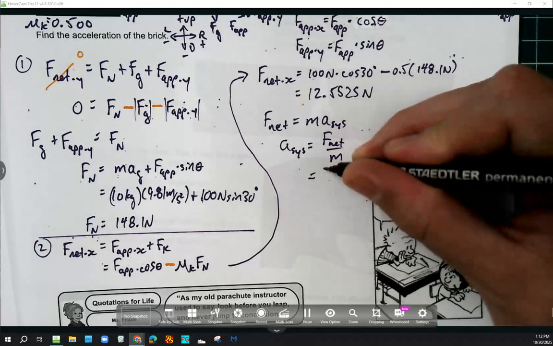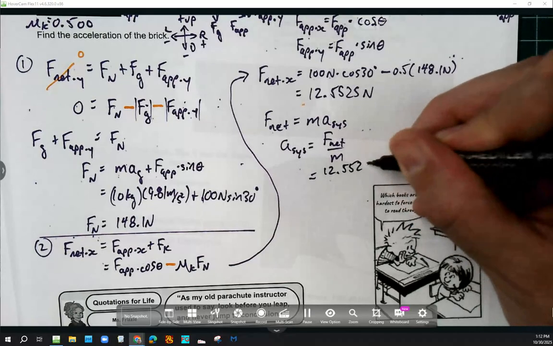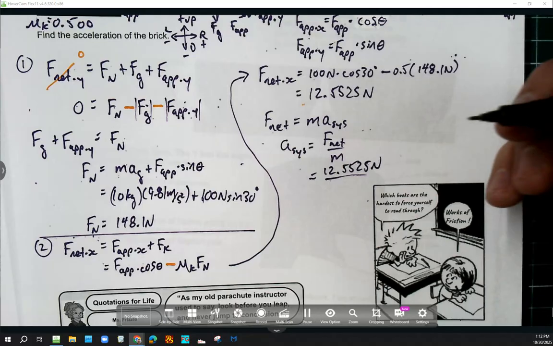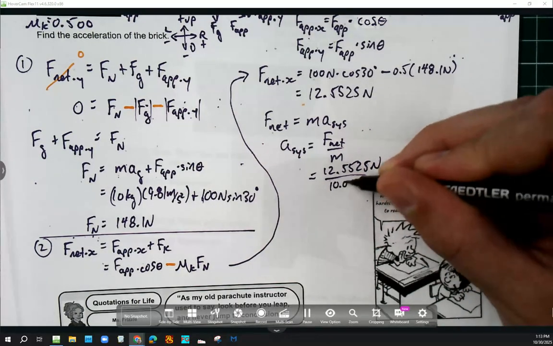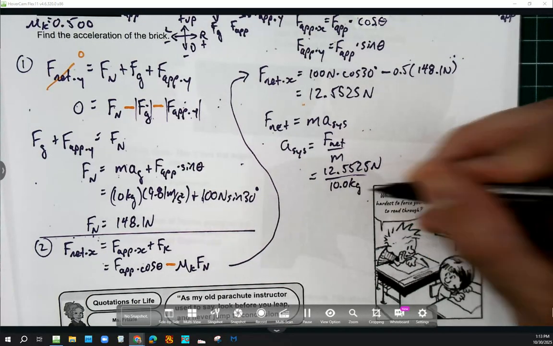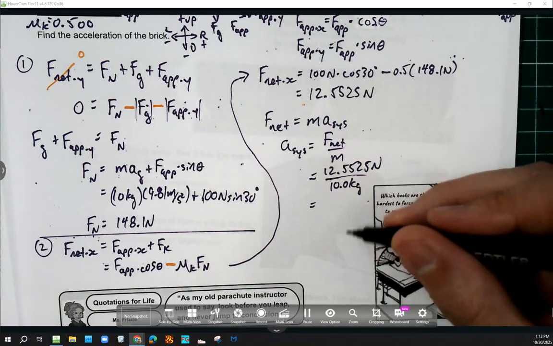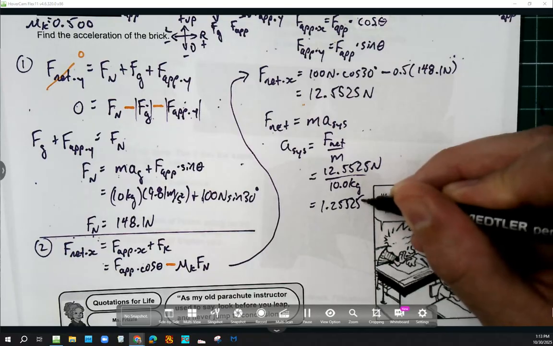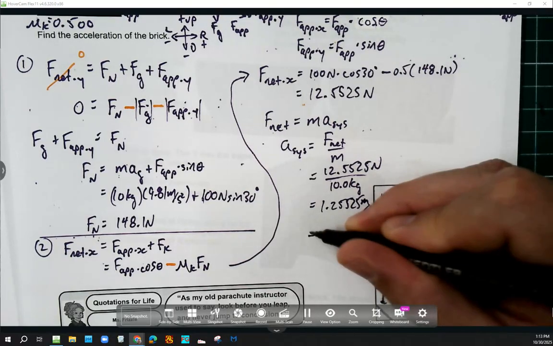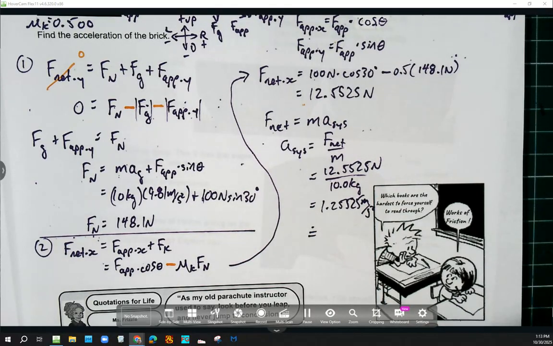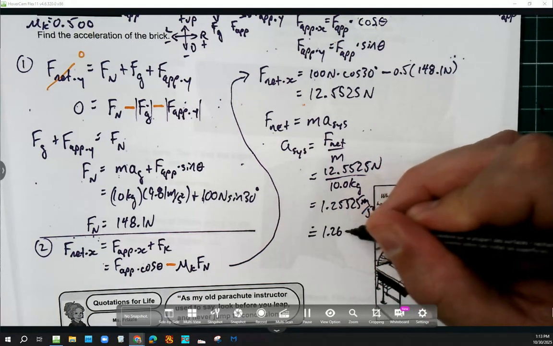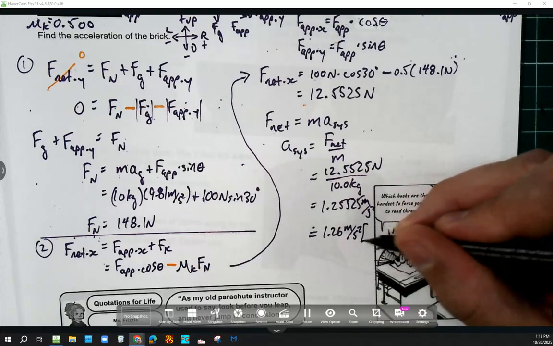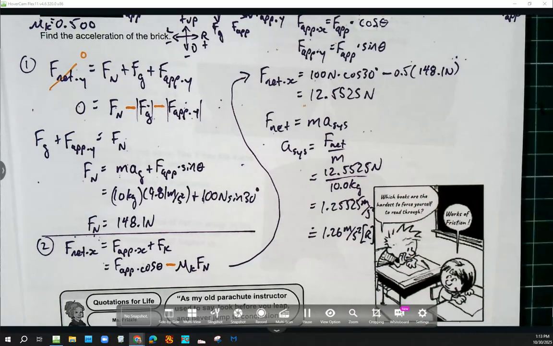We did all the hard work. 12.5525 newtons divided by a 10 kilogram brick. Move the decimal place over one time. So 1.25525 meters per second squared. With 3 sig figs, it looks like 1.26 meters per second squared. And it's positive, so we could say that it's to the right.